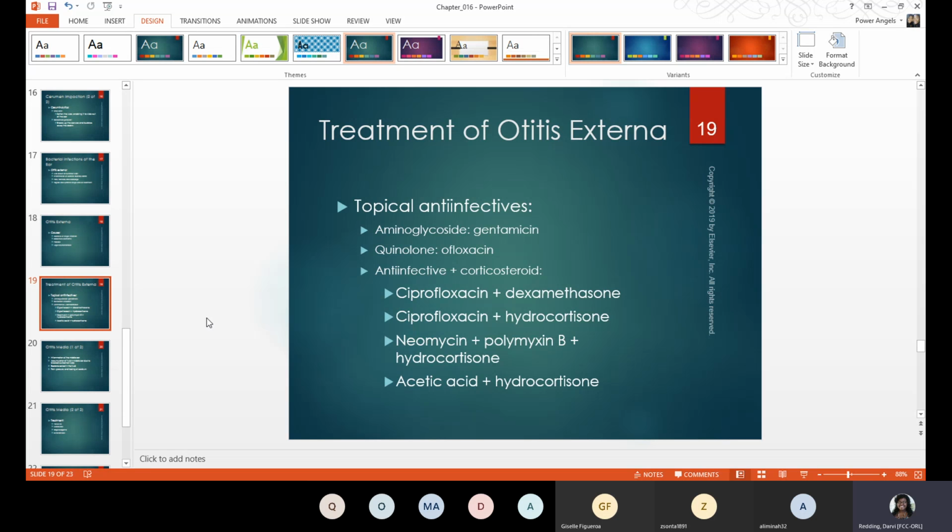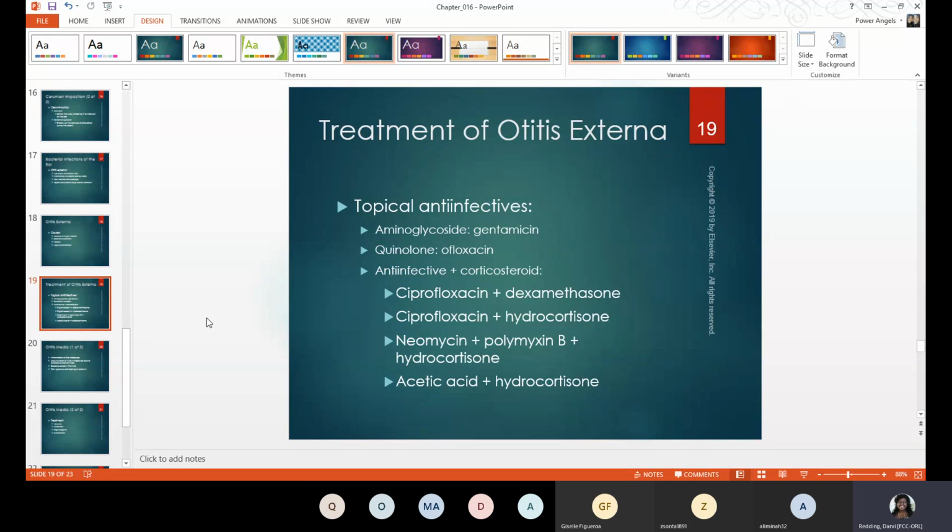You would also have ciprofloxacin and hydrocortisone. And then you have the triple therapy, which is neomycin, polymyxin B, and hydrocortisone. And then there is another drug that could assist, which would be the acetic acid and the hydrocortisone. All of these that I just mentioned represent the generic names, but if you looked up the generic names, you would see what the brand name to the medications are.